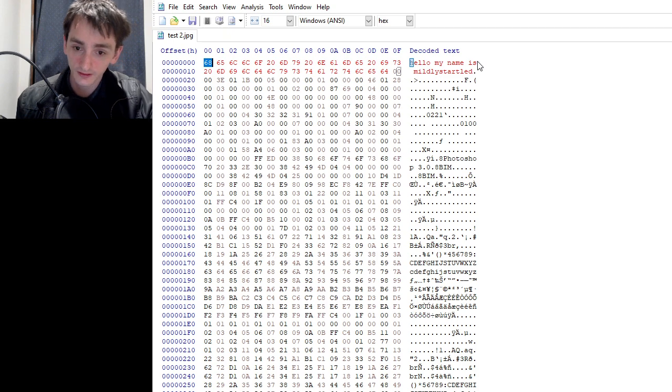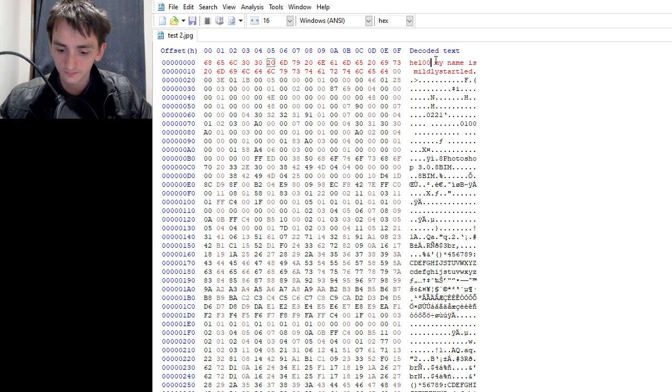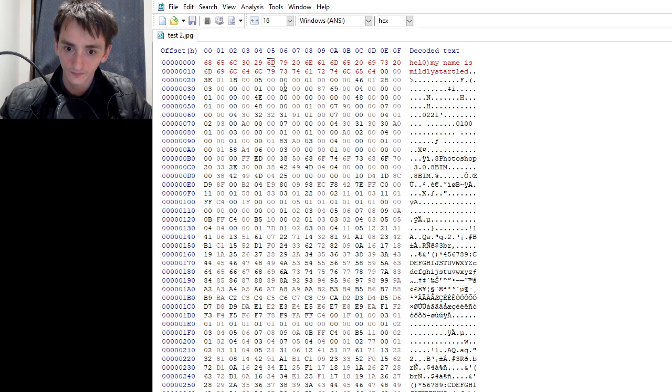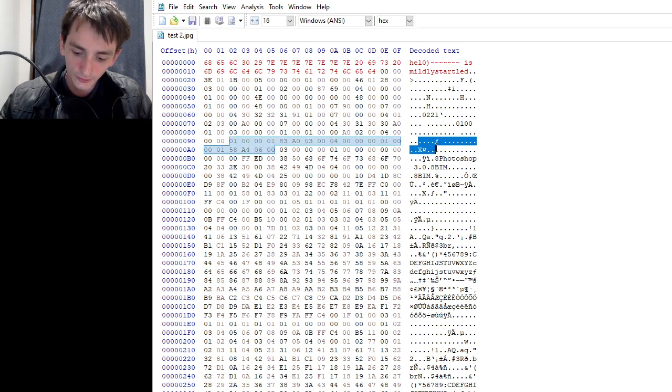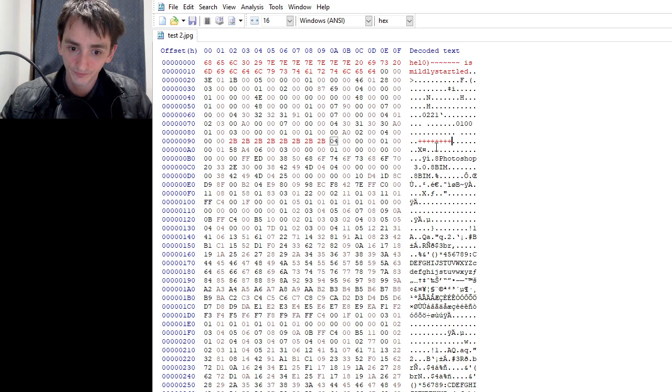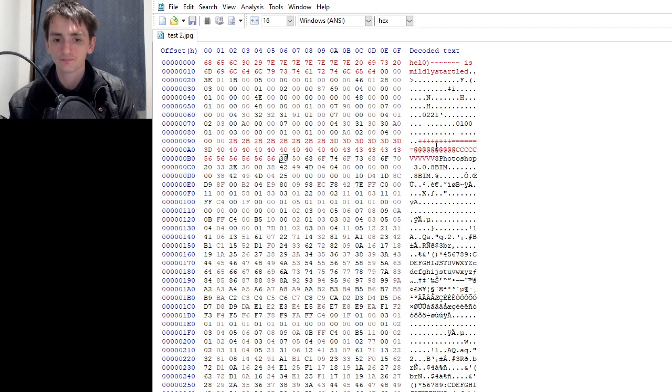So if I put a little comma in, a little bracket, a little hash, a little tilde key, a little plus sign, a little equal sign, a little at sign, a little C sign, a little V sign, you get a general idea.